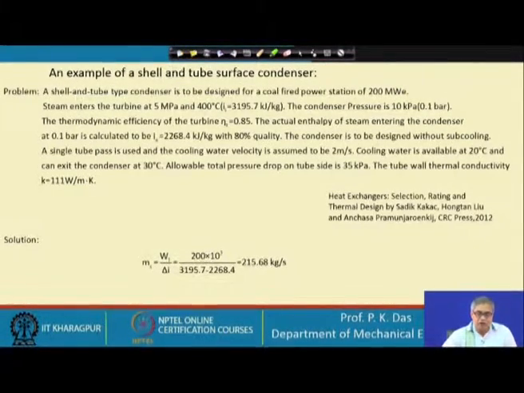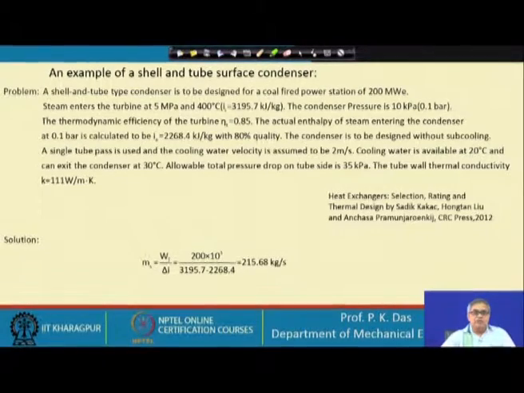Then the condenser is to be designed without subcooling. So, in the condenser only condensation takes place, and we assume that the condensate is coming out as saturated liquid. A single tube pass is used and the cooling water velocity is assumed to be 2 meters per second.